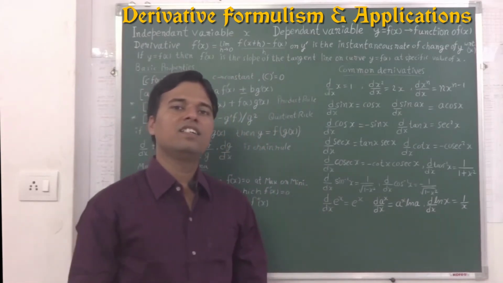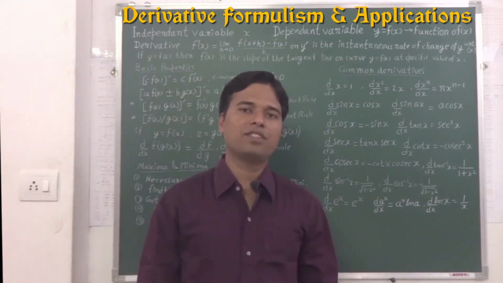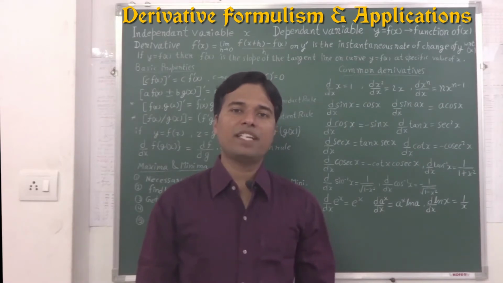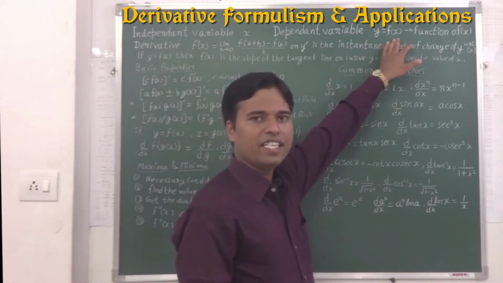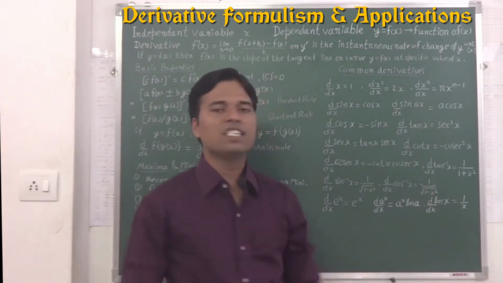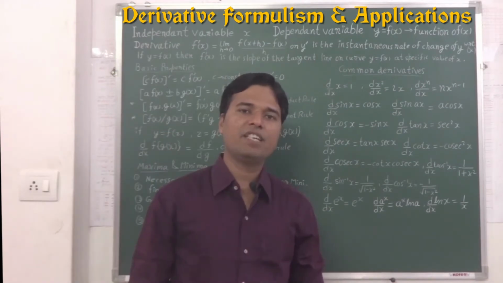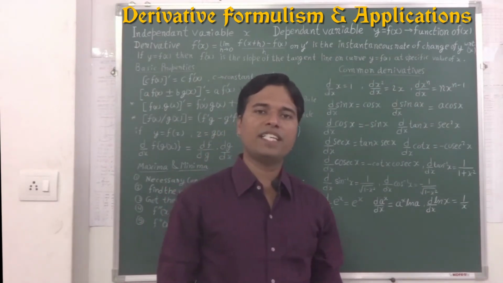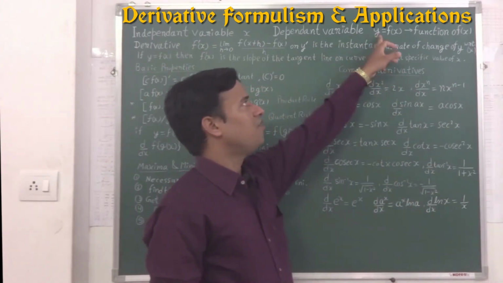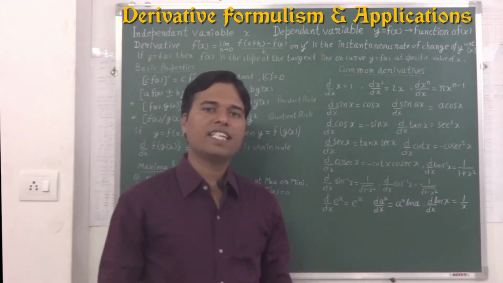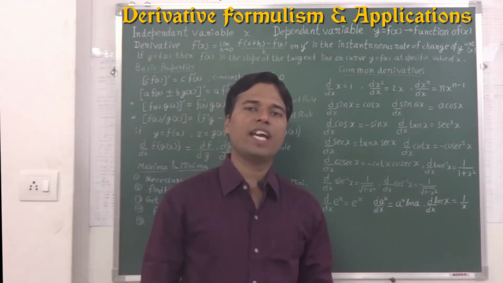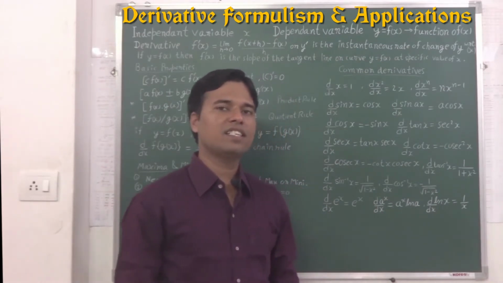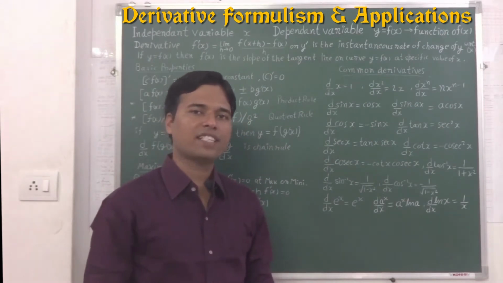These quantities which depend upon an independent variable are called dependent variables. The quantity y depends on x and has some relation with the independent variable x. The y in that condition is called the dependent variable and y is called a function of x, such that y equals ax square or y equals sine of x. In these conditions, y is called a function of x.